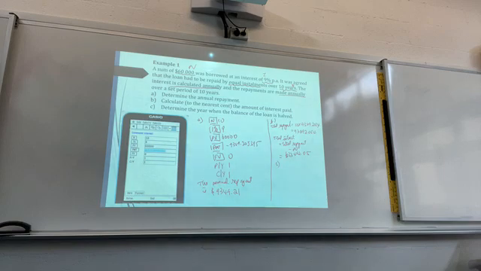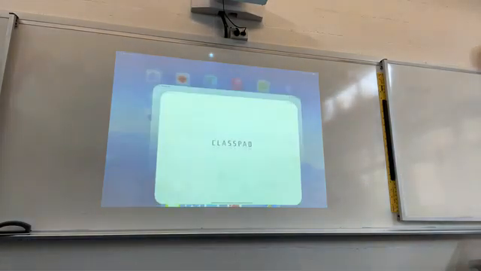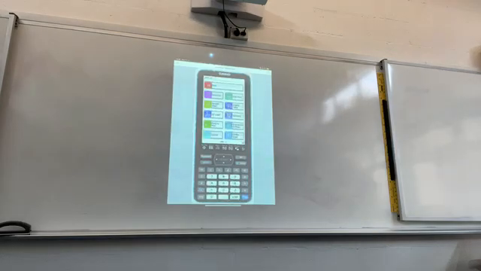Now, how do you do part C? Determine the year when the balance of the loan is half. All right? Let's actually use your ClassPad. Under financial, I will show you. Go to compound interest. I would always clear all so that you know what you're doing is starting off the same as the first question.